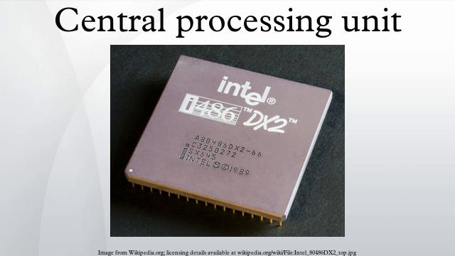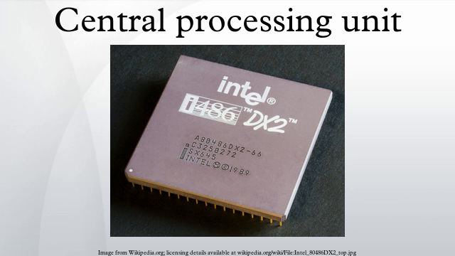Initially, multiprocessing was built using multiple discrete CPUs and boards to implement the interconnect between the processors. When the processors and their interconnect are all implemented on a single silicon chip, the technology is known as a multi-core processor. It was later recognized that finer-grained parallelism existed within a single program. A single program might have several threads that could be executed separately or in parallel.